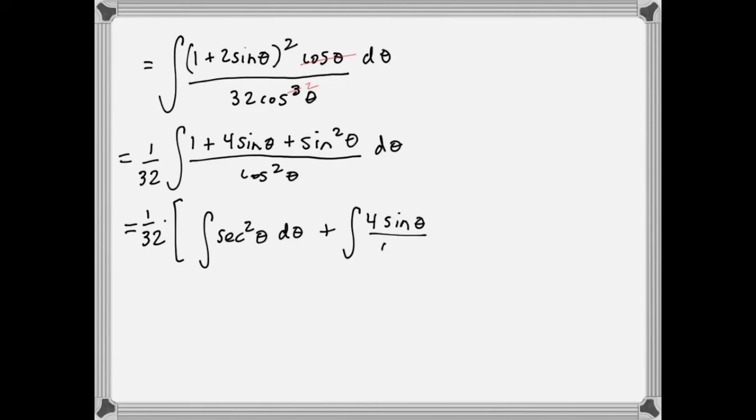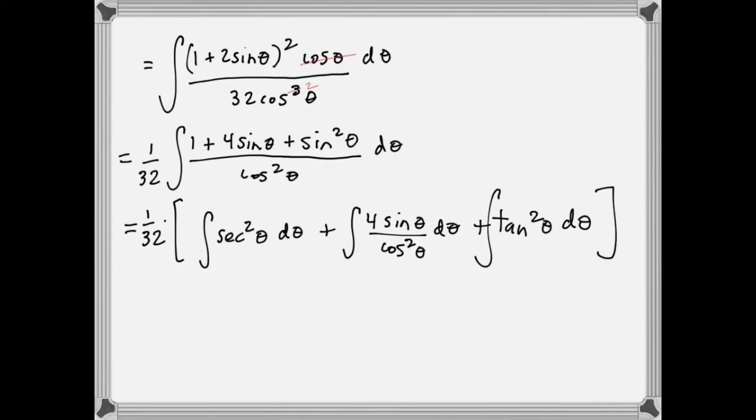Let me write it like that. And then my third integral, what's sine squared over cosine squared? It's tan squared, isn't it? I wrote it as 3 integrals because actually this makes my problem much easier to do. Okay.